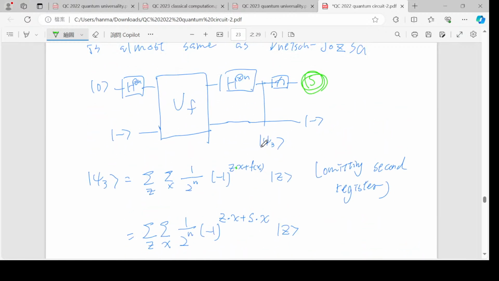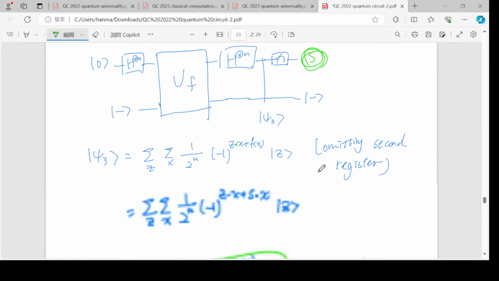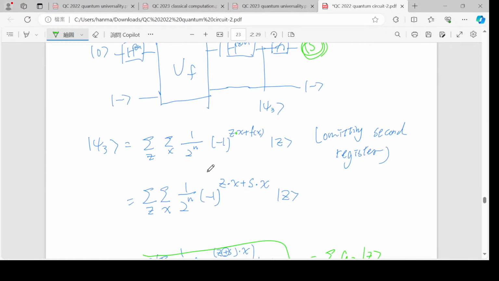Basically, it's the same circuit here, and so we have the same state. As before, we have the sum over z, sum over x, 1 over 2 to the n, times minus 1 to the z dot x plus f of x, in state z. But now we have a different promise on f of x.